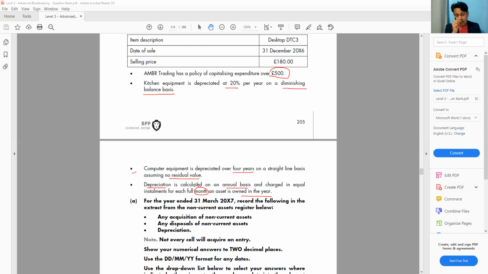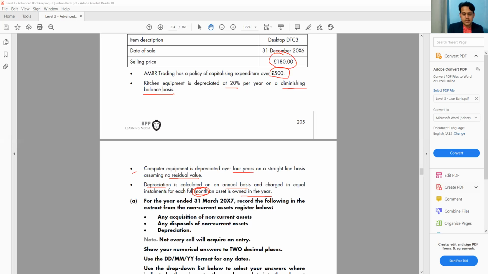For example, if I use a machine for 9 months and then sell it, I calculate the depreciation only for 9 months, not for the whole year. So for this computer I'm selling for 180 pounds, I have to calculate the depreciation up to a certain period, not for the whole year.